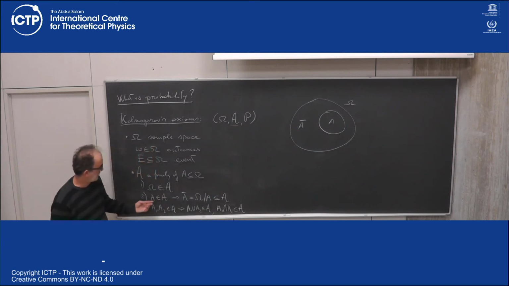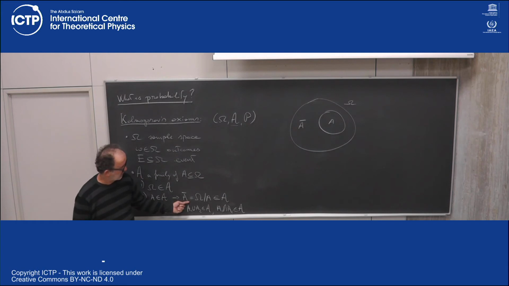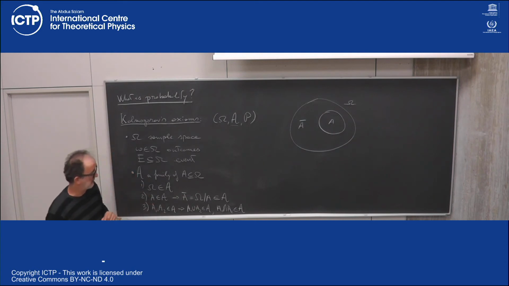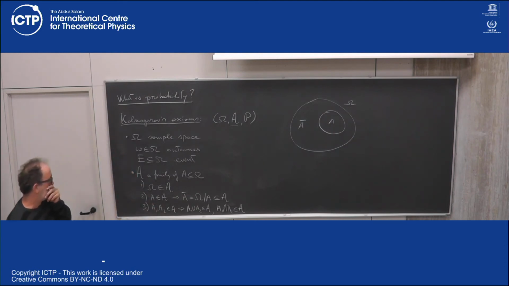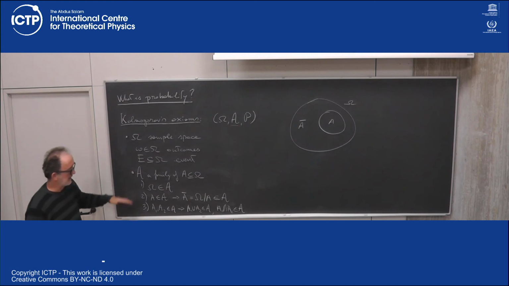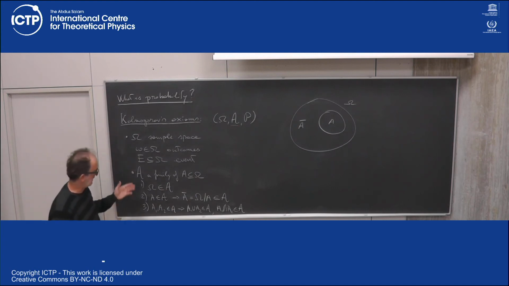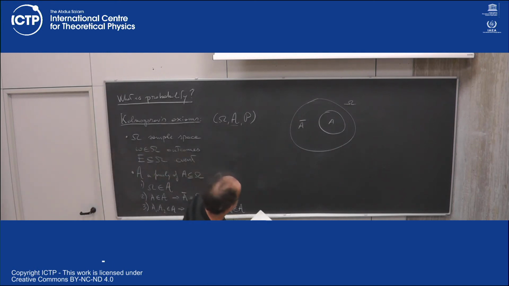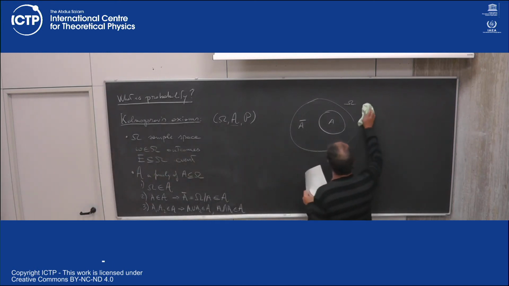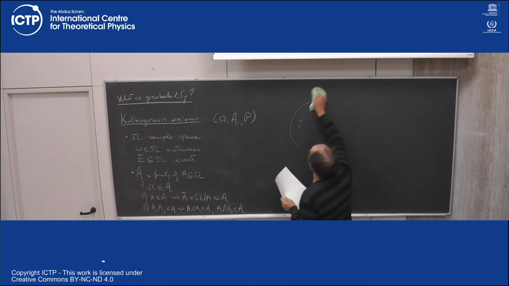Okay, and if you are talking about an event, then you also want to be able to talk about the complement of this event, so the event that this event does not happen. Okay. So this is a little bit like the dictionary of the things that we are going to discuss in probability.